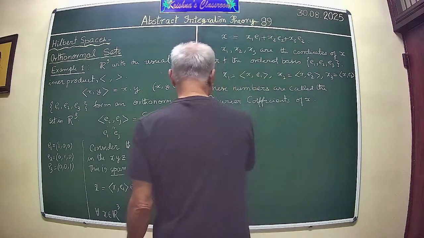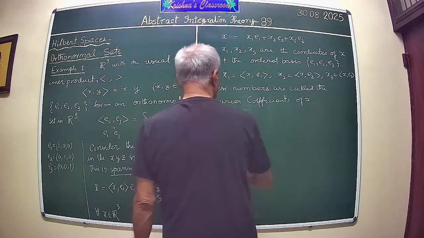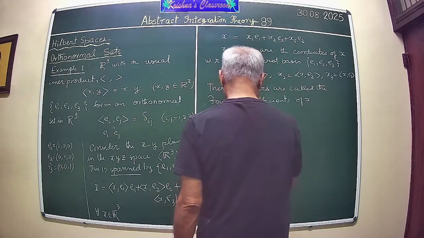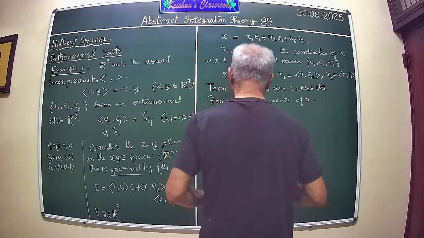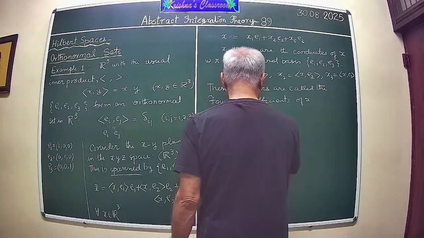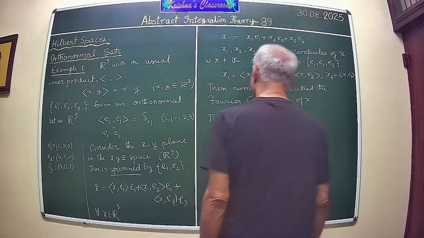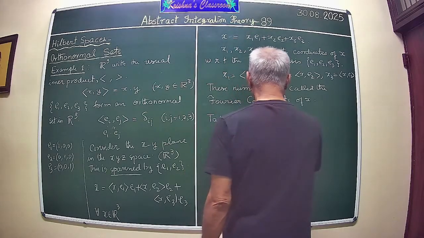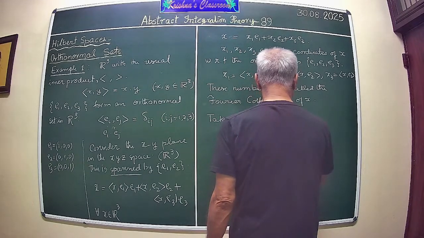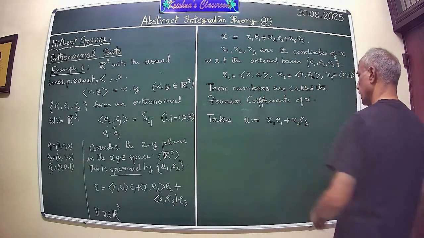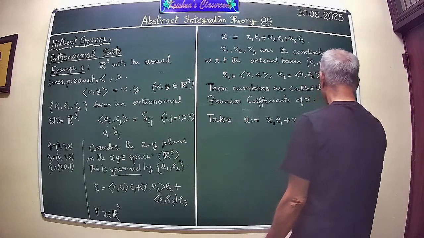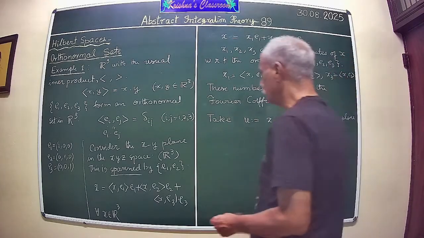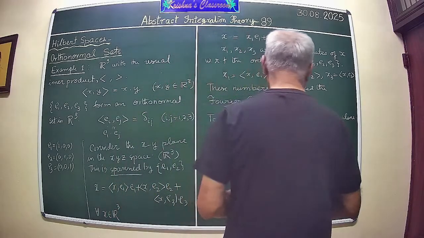Now take u defined by x1 e1 plus x2 e2. So this belongs to the xy plane, that is R2.